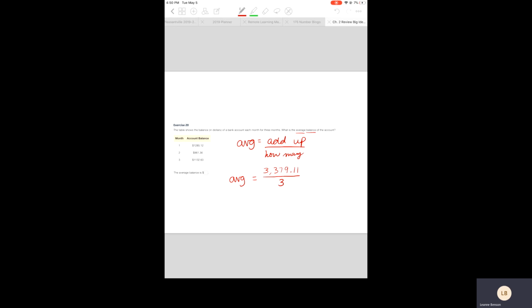Again, that's added up as the balance, which you're not doing because that's your monthly balance. So maybe you added money, maybe you took money away, but they want to know the average. So now last step, I divide that by 3 to get an answer of 1,126.37. Again, the dollar sign's already there for you, so you just input this value for your answer.